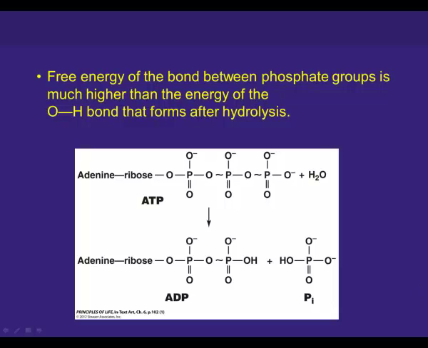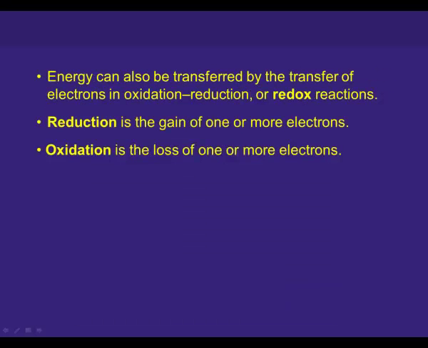However, ATP is not the only molecule that can transfer energy in coupled reactions. There are actually many. Another very important example of reactions that involve energy transfer are oxidation reduction or redox reactions.